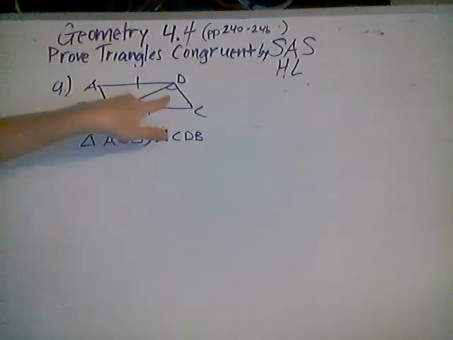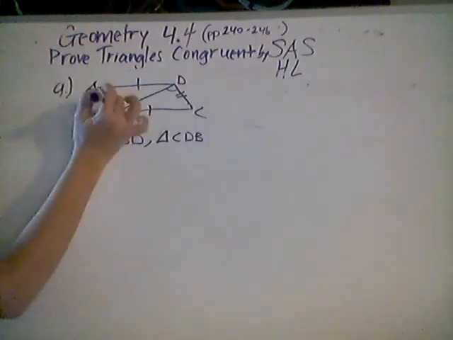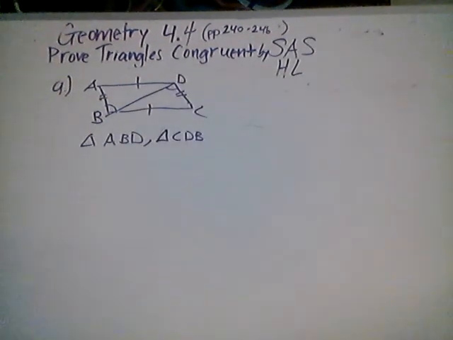Side, angle, side. Well, these are parallel lines, so that makes these congruent, but the figure doesn't show those as congruent, so technically there's not enough information provided unless we dig deeper and base it on postulates and theorems.